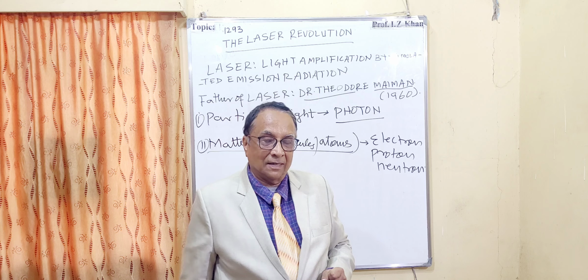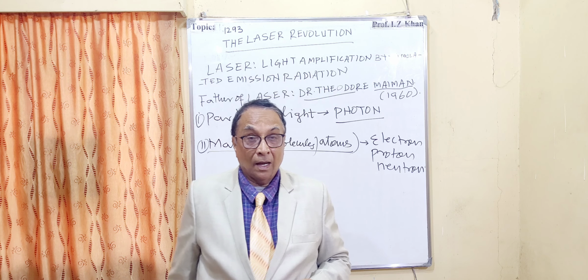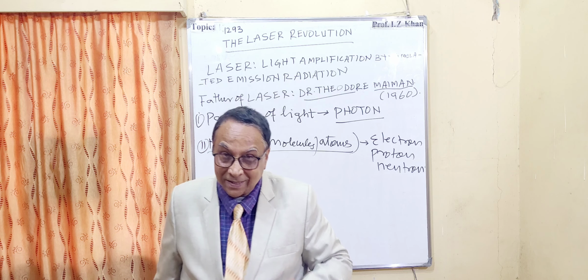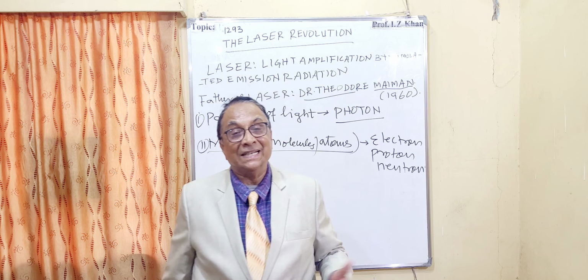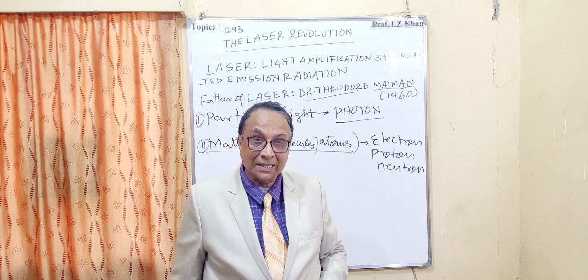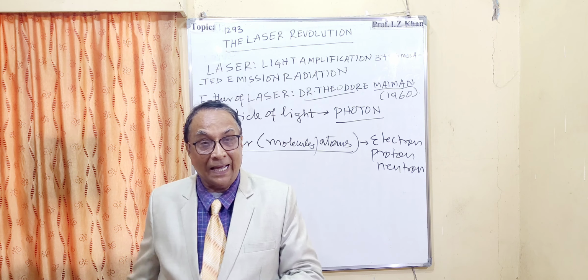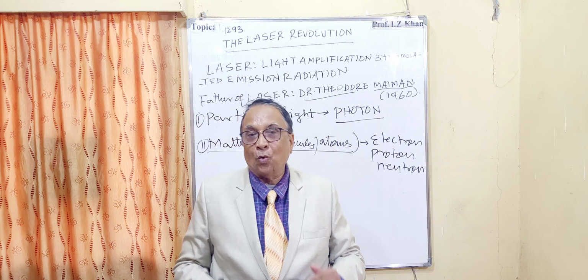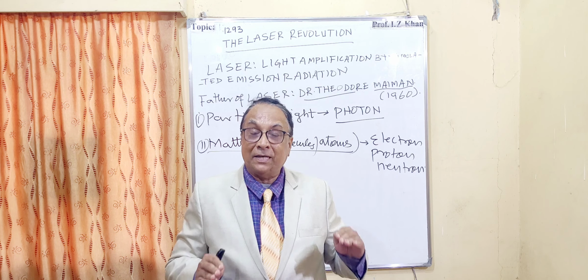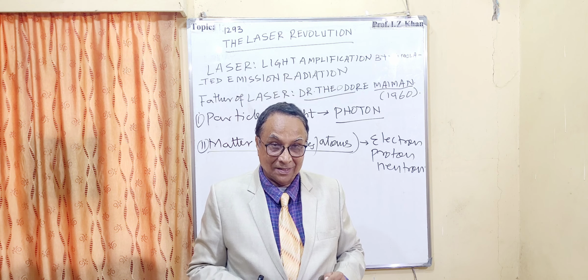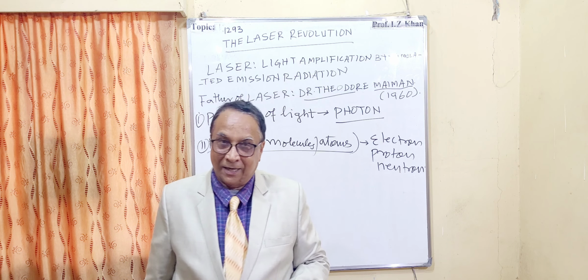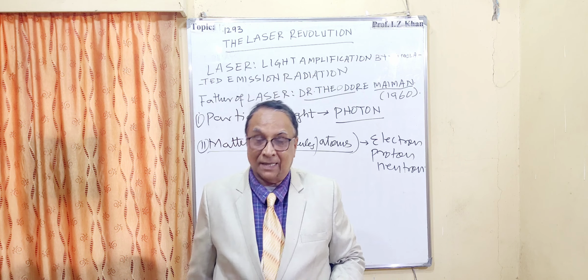According to Albert Einstein, why do these matters, atoms and molecules absorb energy? Why? What is the need? There are two concepts, absorption of energy and emission of energy. Why do they absorb energy? Because they are in a low energy state. All these matters and molecules are at a low energy level, and once some energy is supplied they go to a higher energy state.